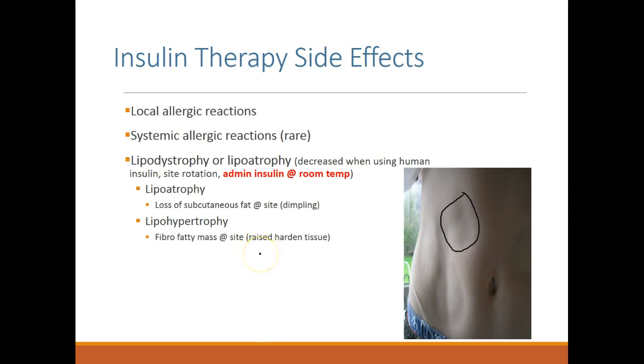If you have a patient with either of these issues, they should not use those areas for injections. Ways that you can decrease this are by using human insulin, site rotation, and administering the insulin at room temperature. Administering cold insulin stings and puts a person at higher risk for some of these issues.